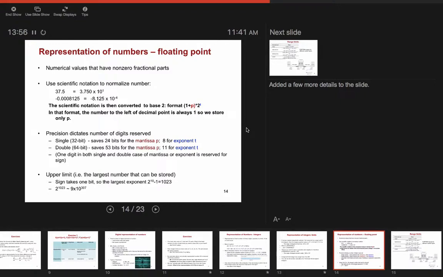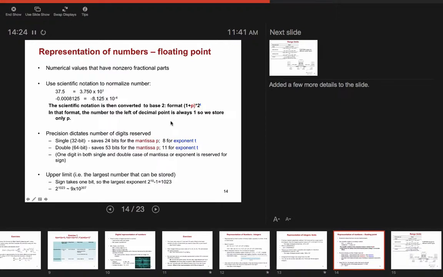So my power is not in scientific notation, it's not 10, I'm using powers of 2. And then I will store p and t in that scientific representation. So basically I convert my binary representation to a scientific version of it with power 2. And then I have a p and t. 1 is always there. P and t to store.